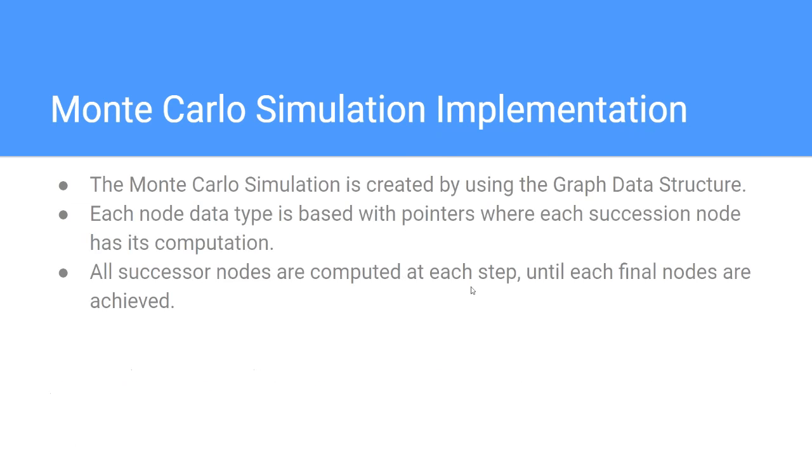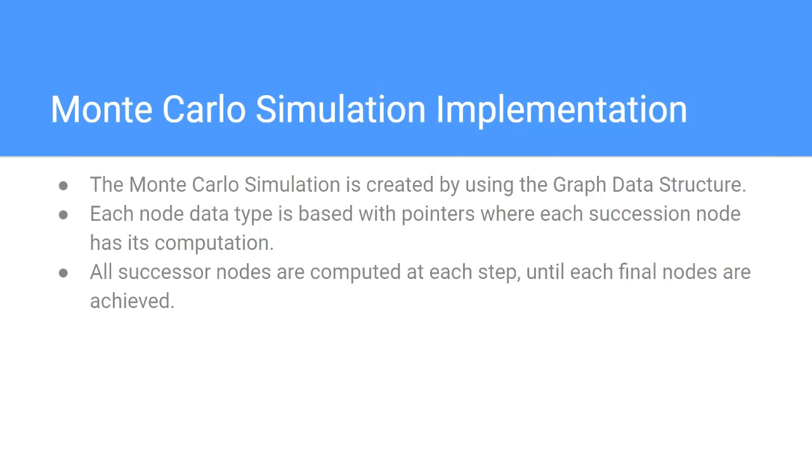So now we will go through an implementation of the Monte Carlo simulation. The Monte Carlo simulation is created by using a graph data structure. Each node data type is based on pointers, where each successor node has its own computation.